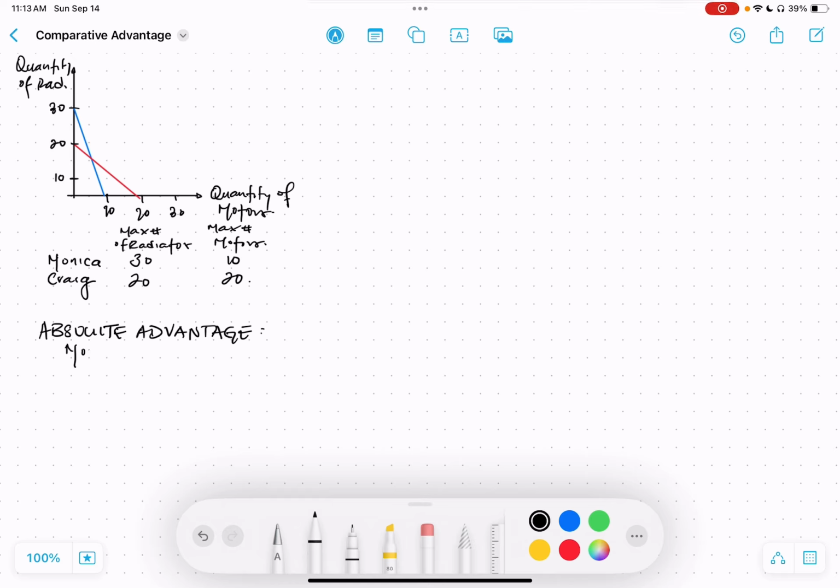Monica has the absolute advantage in radiators. Why? Simply because she can produce more. Craig, on the other hand, has the absolute advantage in motors. Because he can produce more.